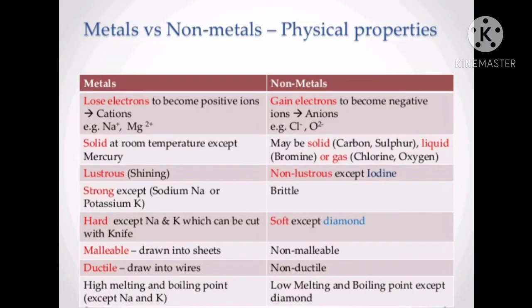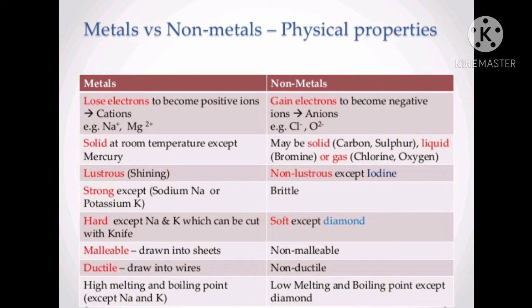So here you can see the differences are written in the typed form in the slide. So all metals except mercury exist as solid form, but mercury exists as liquid. Then iodine is a non-metal, but it is lustrous. Exceptional cases, please children learn properly. Carbon is a non-metal that can exist in different forms.